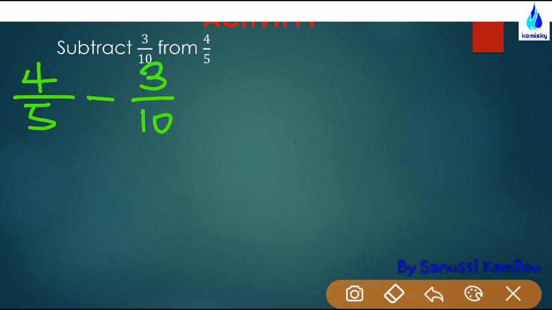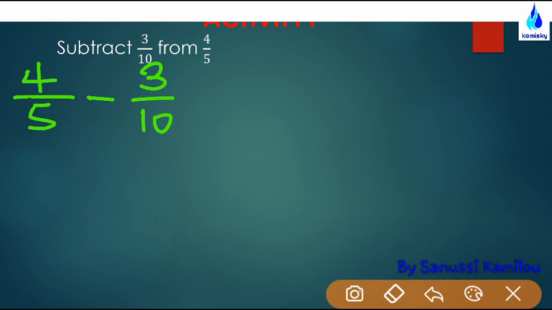Very good. So what will be the next thing? Do the fractions have the same denominators? No. So what do we do? We are going to find the LCM of the denominators. How do we find our least common multiple?